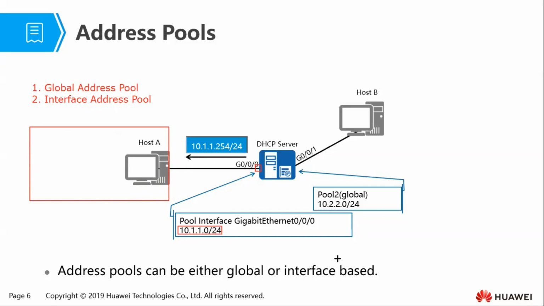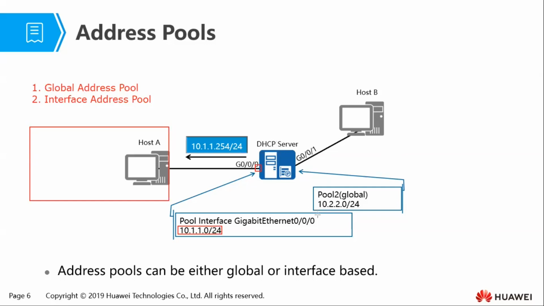Now, you can actually configure both the global and the interface address pool on your DHCP server. When you do that, the interface address pool takes precedence over the global address pool.